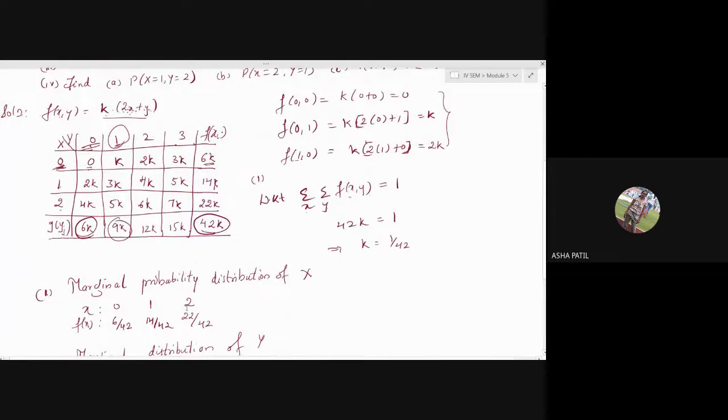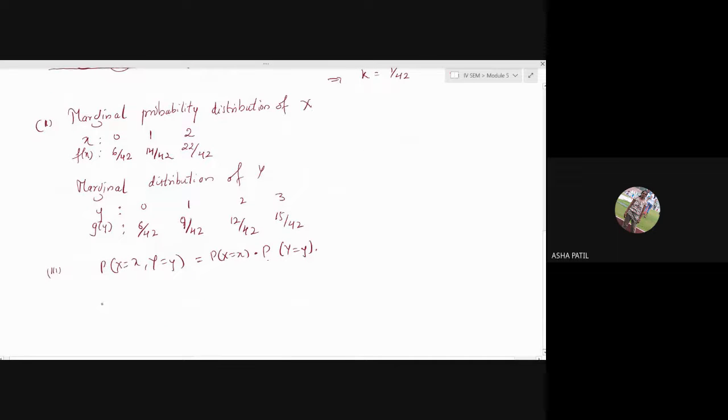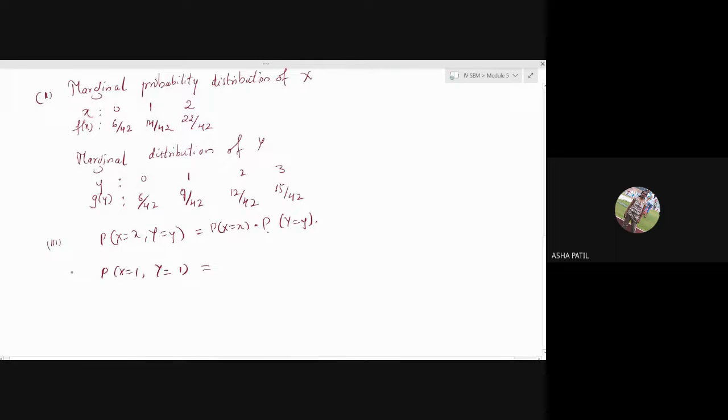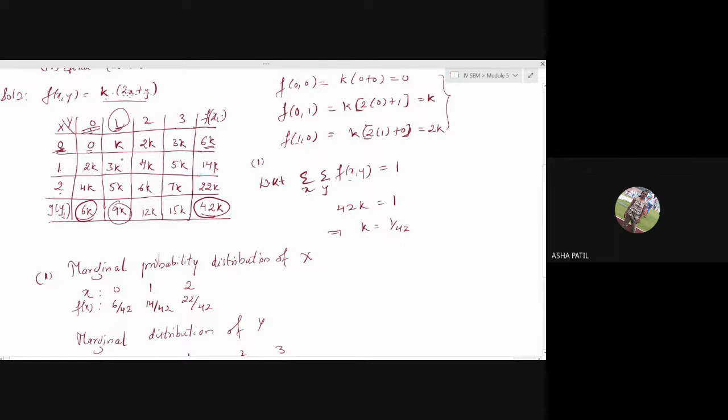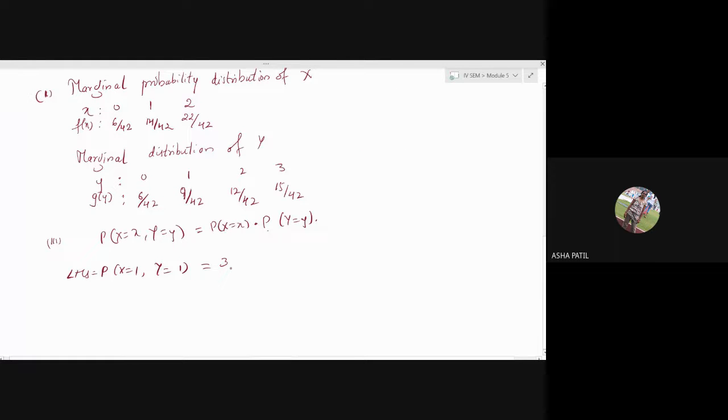Take x equal to 1, y equal to 1. Let us write LHS: the probability that x equal to 1, y equal to 1. X is 1, y is 1 is 3k, that is 3 by 42.